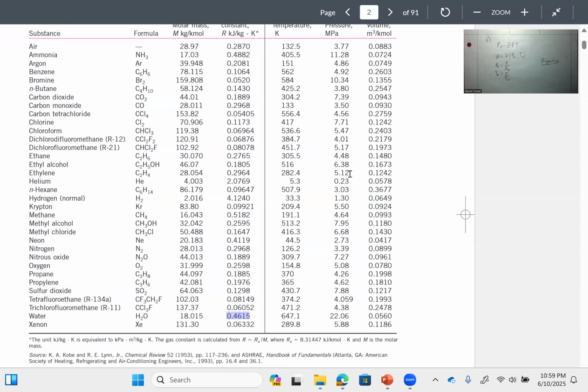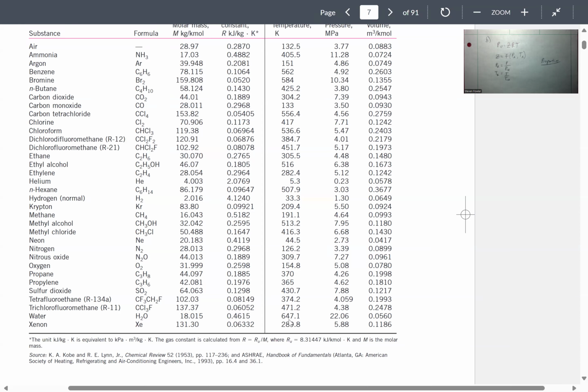Scroll up. These are the critical point properties, table A1. And so water's critical temperature is 647.1 kelvins. And the critical pressure is right here, 22.06, and those units are megapascals.